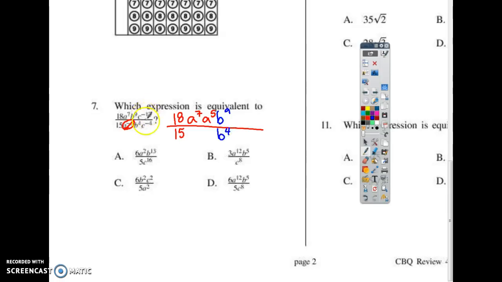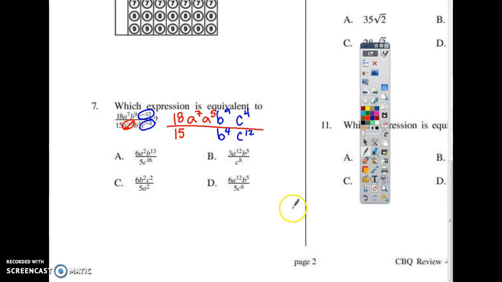What about my c's? They change, both of them, right? This is a negative exponent, this is a negative exponent. So this one's going to go to the bottom. This one's going to go to the top. So C to the 4th power goes to the top, and C to the 12th power goes to the bottom.